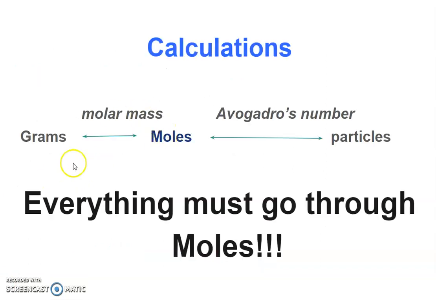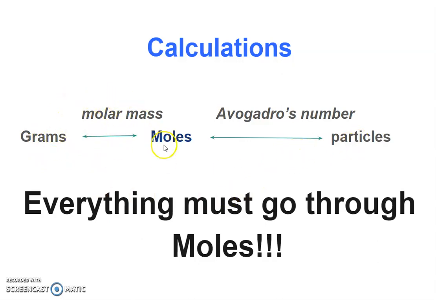But we also realized when you did the Mega Mole worksheet that you can now do problems that use 2 conversion factors. So again, we said if we go moles to particles or particles to moles, we need Avogadro's number. If we go grams to moles or moles to grams, we need the molar mass. But what if we want to go grams to particles? Then we just use 2 conversions.